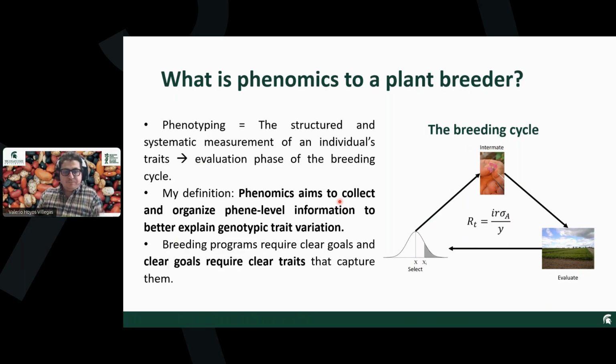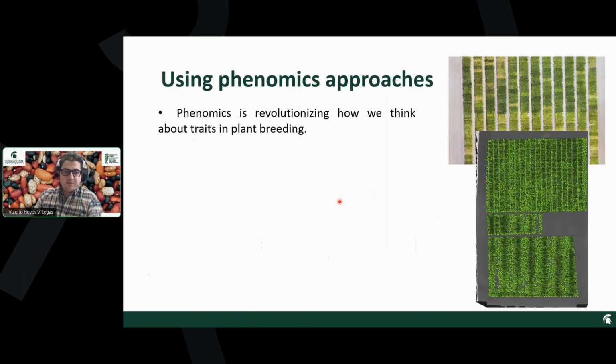Therefore, in order to take this definition of a phen, or an individual decomposed trait of interest, breeding programs require clear goals to improve them, and clear goals require clear traits that can capture this information.